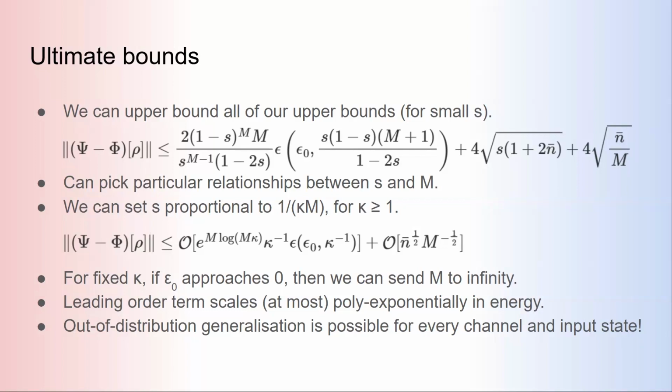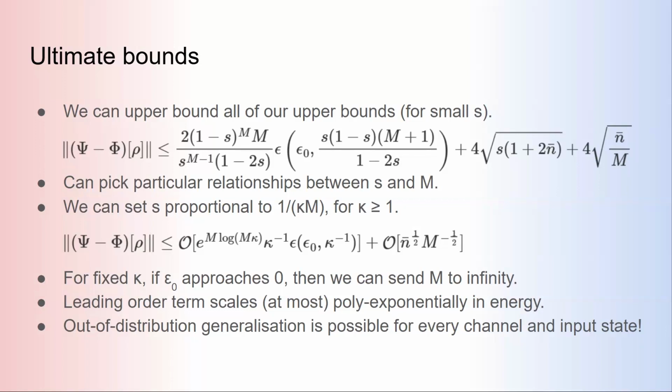Sorry, there should be a kappa, but basically I can send m to infinity and send everything to 0. So it's always possible to send this bound to 0 as long as this thing gets smaller. So the smaller I make this epsilon object, the bigger I'm allowed to make this prefactor, which means I can make these two smaller.